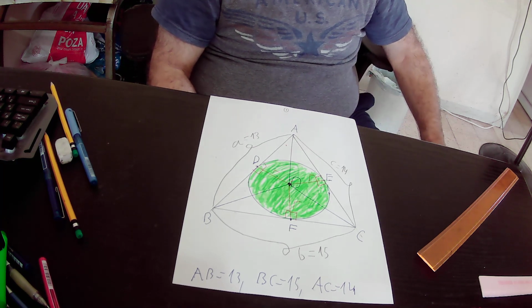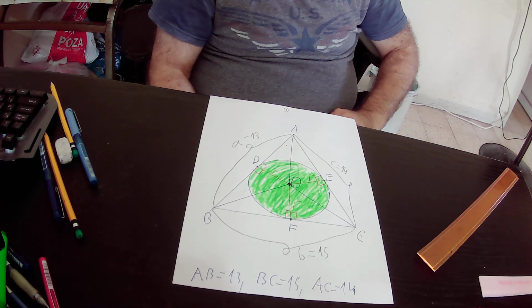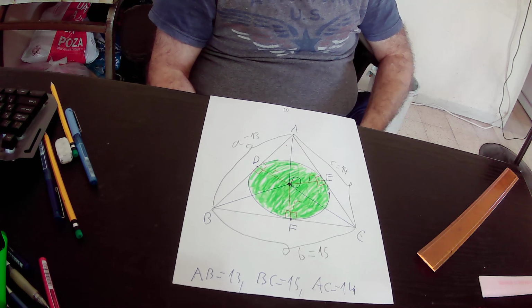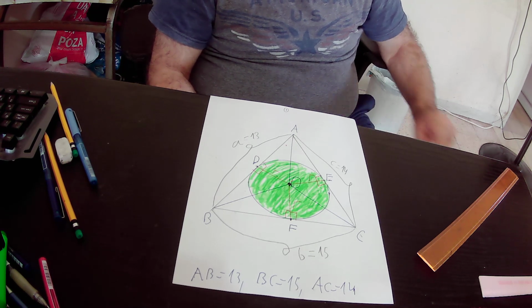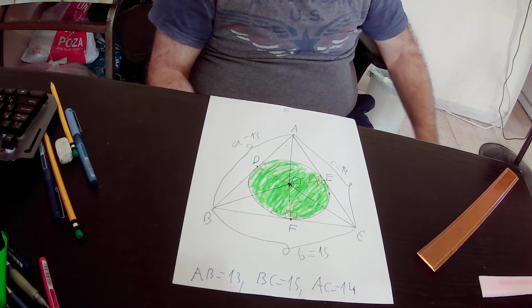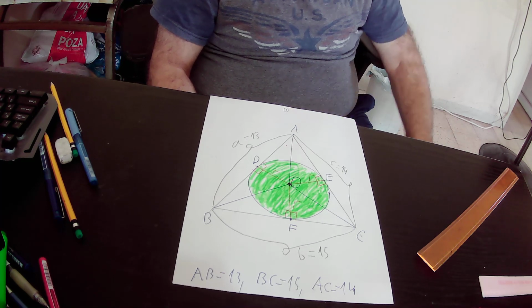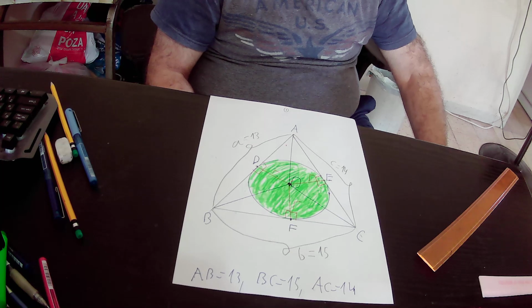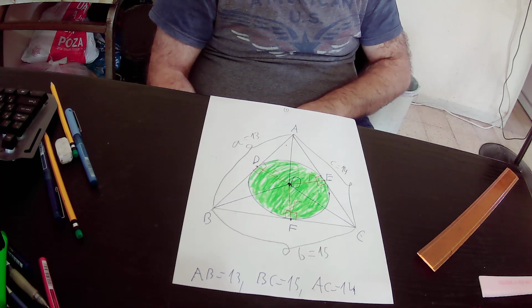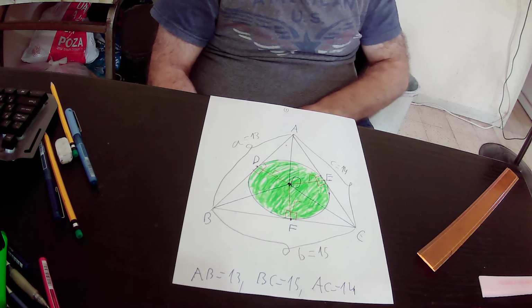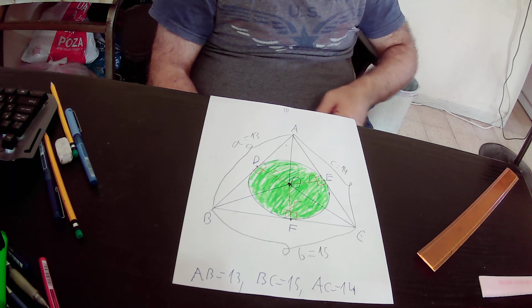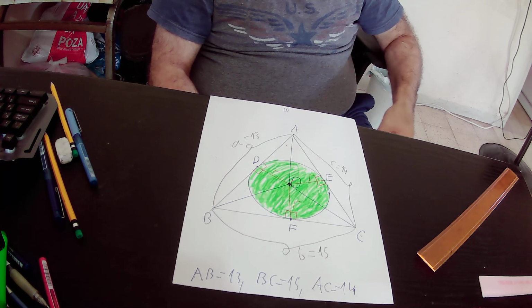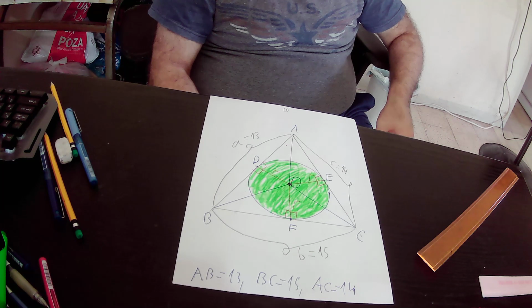And then I presented to you a new term that is actually the semi-perimeter of a triangle, and the semi-perimeter of any triangle equals the perimeter of the triangle over 2.